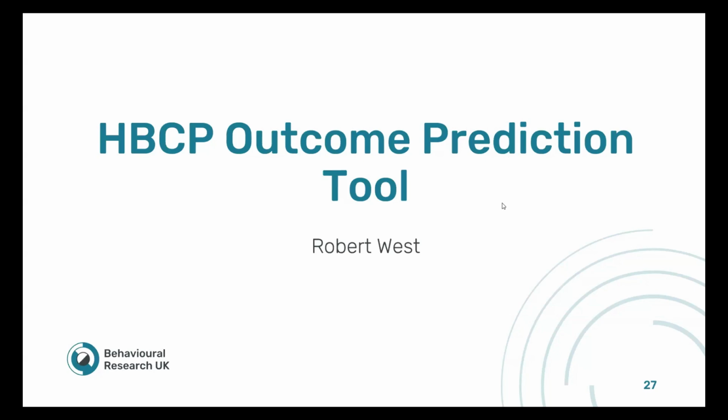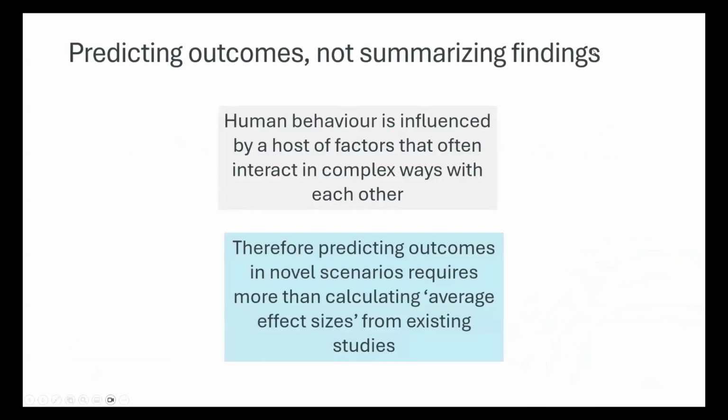So Jana has already given you an idea about what we were trying to do in the Human Behaviour Change project, and here's the thing, and it's really repeating or expanding what I said a few minutes ago, which is that as behavioral scientists, from a practical point of view, for policymakers and practitioners and people developing interventions, our job is to predict outcomes in situations that haven't yet arisen, haven't yet occurred, even though something very similar might have been tested in another environment.